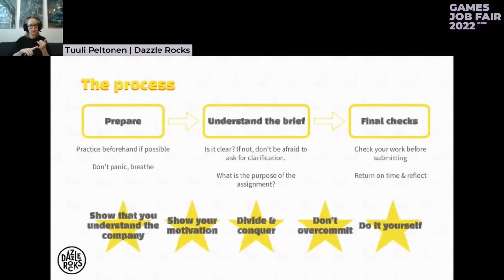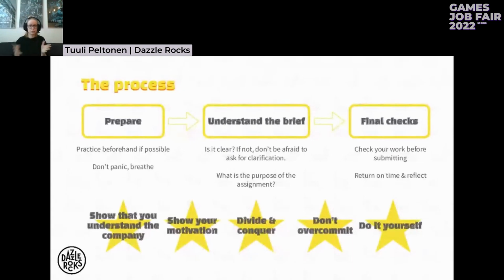Is it clear to you what the purpose of the test is? What is the company trying to measure with the test itself? Don't be afraid to ask the company if you don't understand what they are trying to look for, what they are trying to measure. Ask questions and clarify the brief so that you understand what you're supposed to be doing.